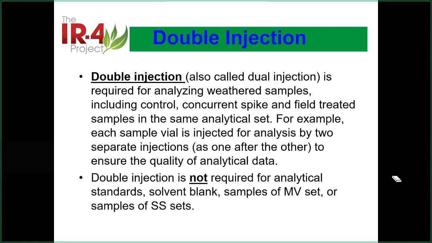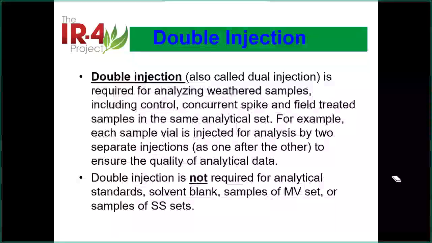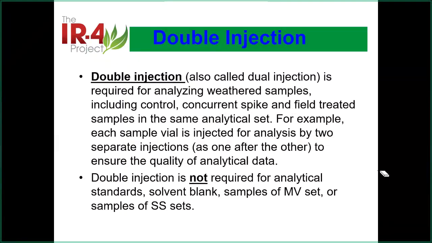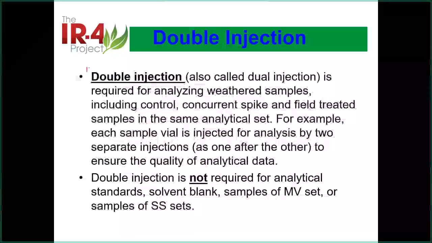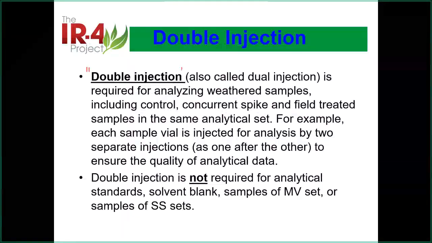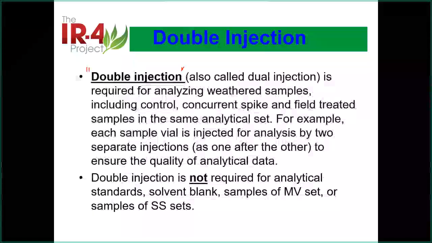Each sample you will need to inject twice. That's called a double injection or dual injection. We have a definition there. Why do we call it double injection? This is an IR4 term, not necessarily itself English. There's a definition there.